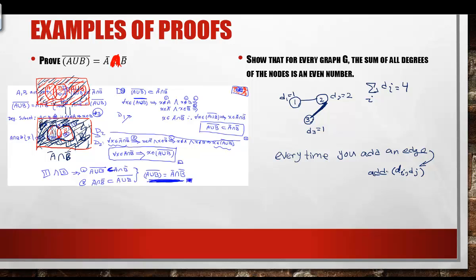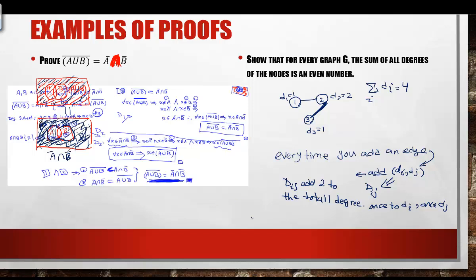Let's call this d sub ij, for that edge that you added to the graph. So d sub ij is one edge, but it adds 2 to the total degree, right? Once to the degree of d sub i, and once to the degree of d sub j.